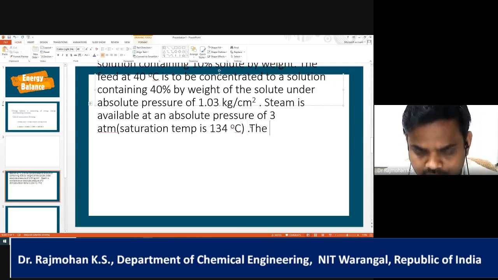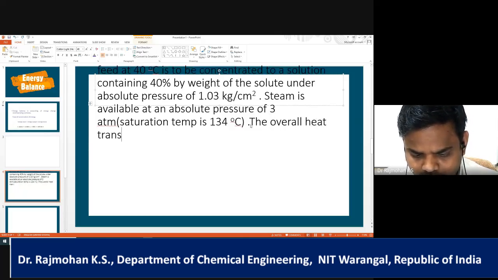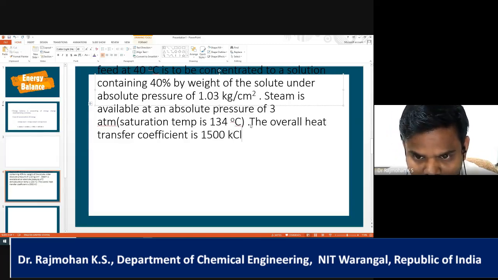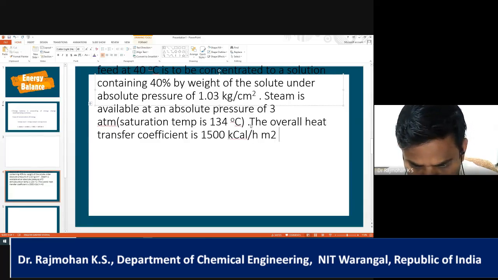The overall heat transfer coefficient is 1500 kilocalories per hour meter square degree Celsius.